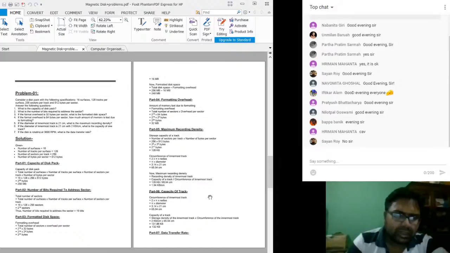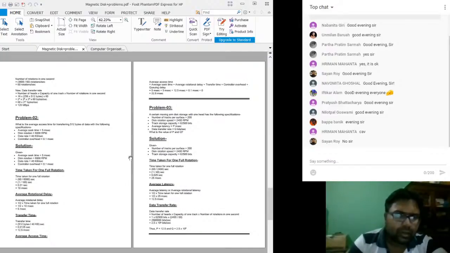Next comes your data transfer rate. If the disk is rotating at 3600 rpm, what is the data transfer rate? To find the data transfer rate, we take the number of heads multiplied by the capacity of one track into the number of rotations in 1 second.